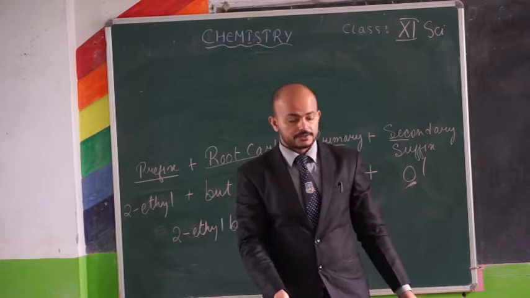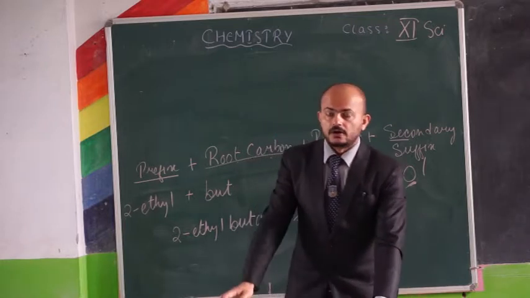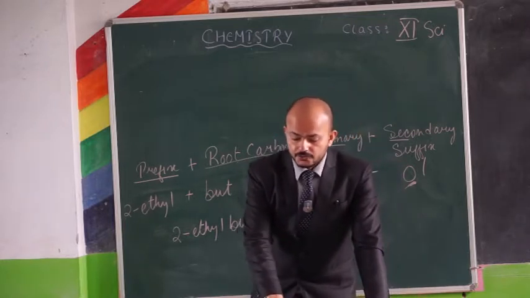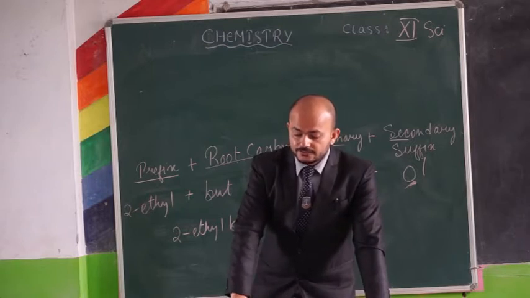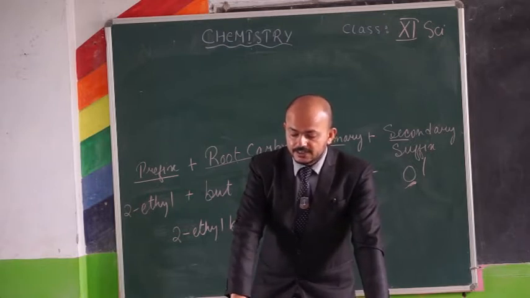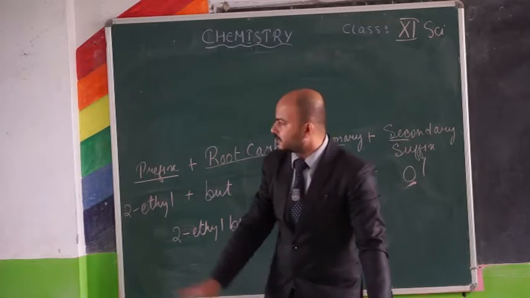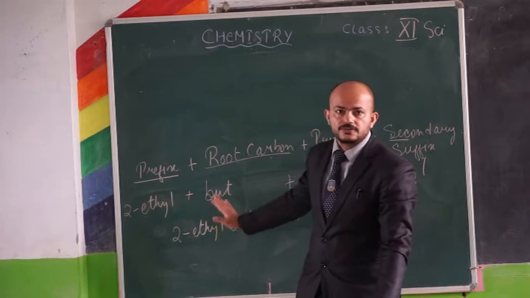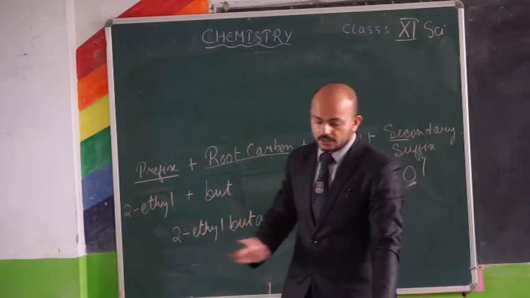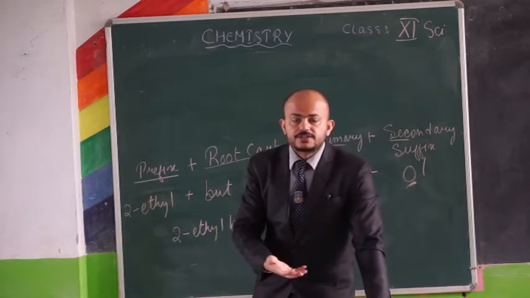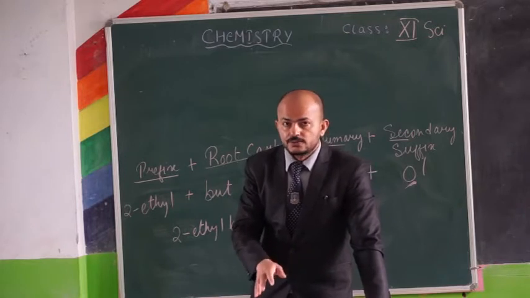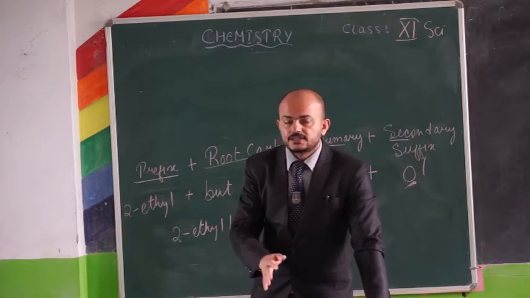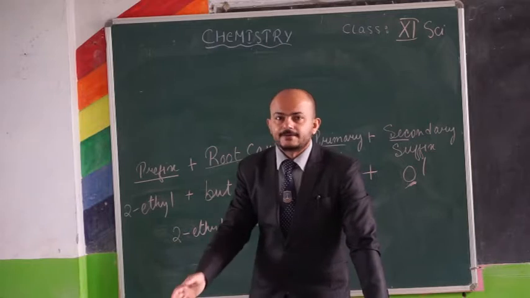In your book, you have rules for naming compounds containing multiple bonds. Now this is new to you. Whatever we have discussed till now, most of it you already knew. Now this will be more complex, a little more in depth.